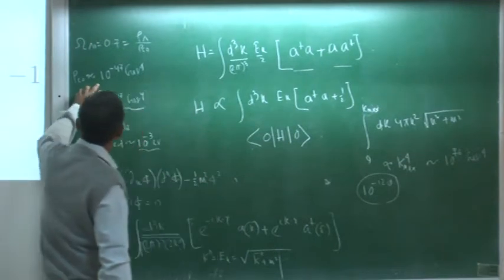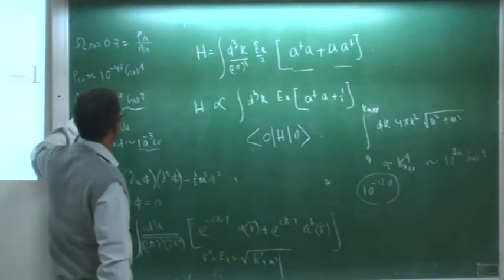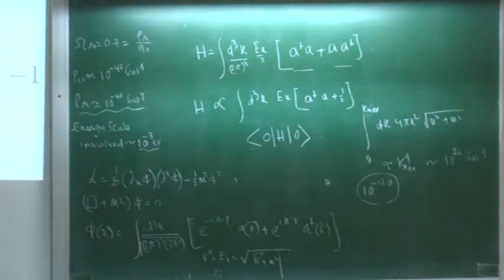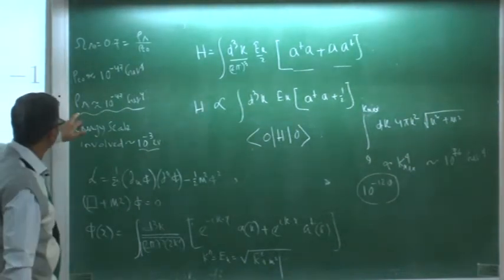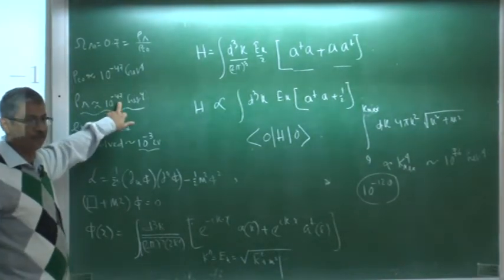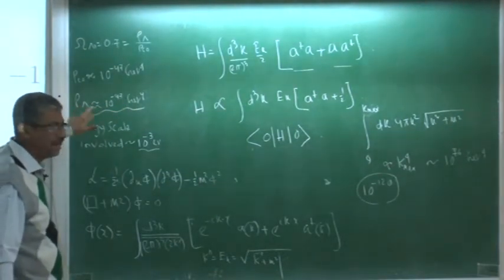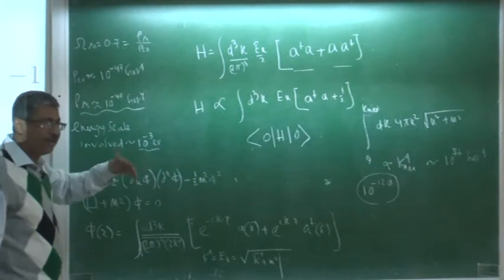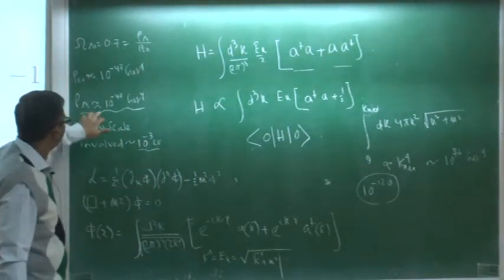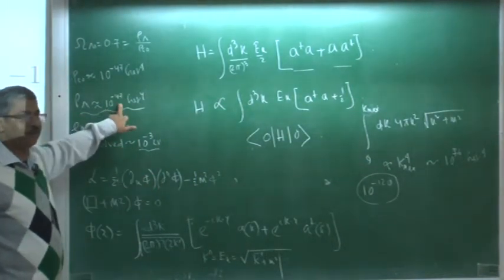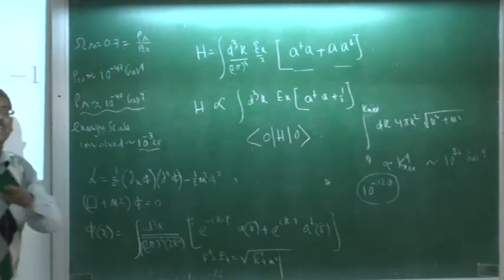That is, if we have a cosmological constant. Now, I should say that this is not a problem only with the cosmological constant. This is a problem with any dark energy, because for any dark energy, the energy involved is 10 to the power minus 47 GeV to the power 4, whether it is a cosmological constant or any other dark energy. And there is no way known till now to get an energy scale of 10 to the power minus 47 GeV to the power 4 for any dark energy.